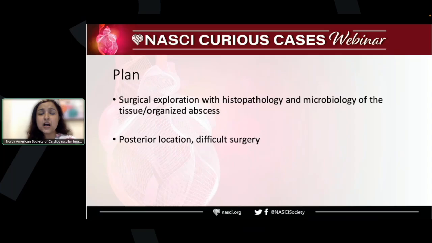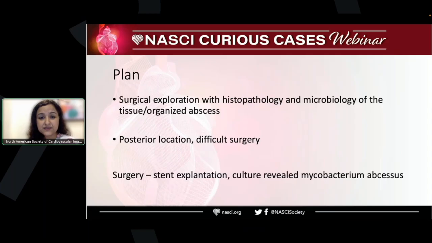So now the plan was to excise the tissue surgically and then see the histopathology or microbiology of that particular lesion. There was a multidisciplinary team effort here, because it was a very difficult surgery. Imaging, clinical, and other parameters were also optimized. The surgeons went ahead and did the surgery, and the stent was explanted.